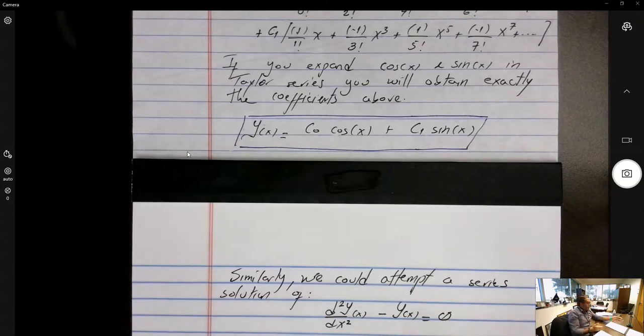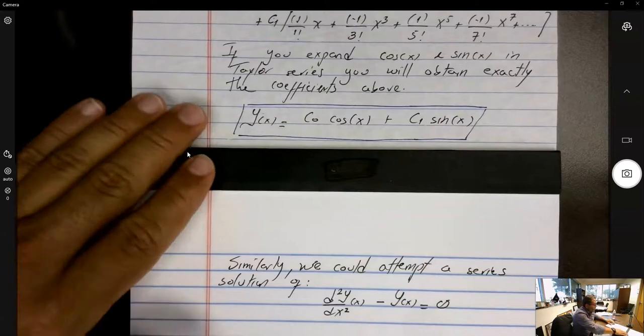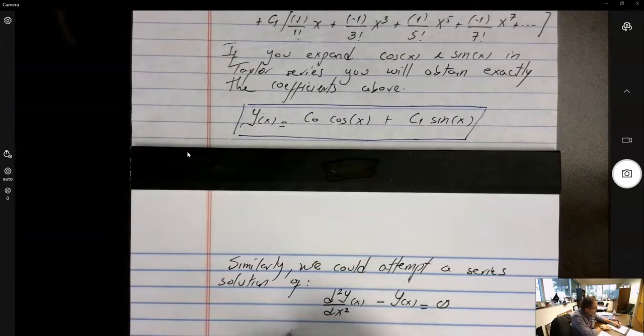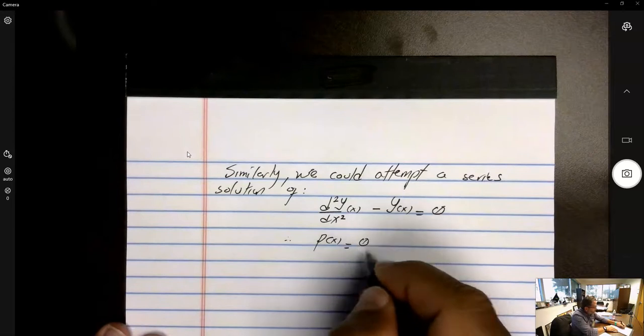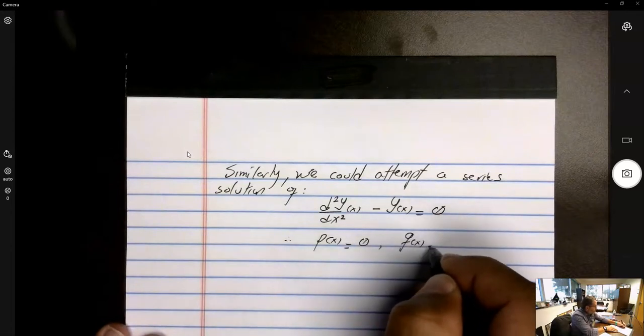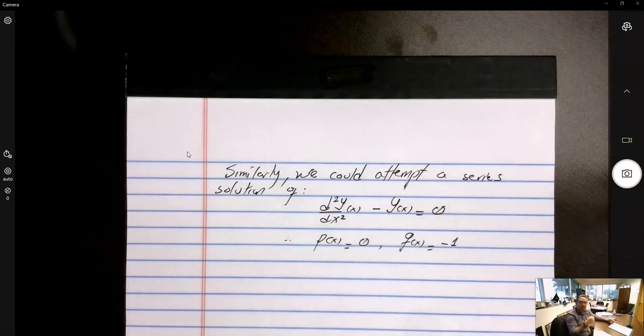So that's almost identical to the previous equation, but instead of having a plus, it has a minus, and this is a constant coefficient equation, so the variable coefficient p of x function is equal to 0 in this case again, and q of x is equal to minus 1, so these are constant coefficients.